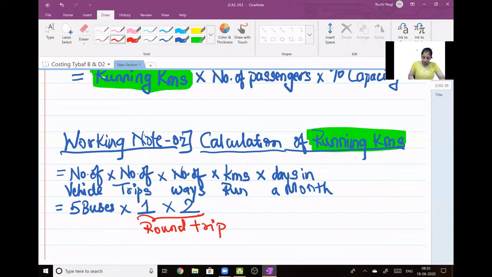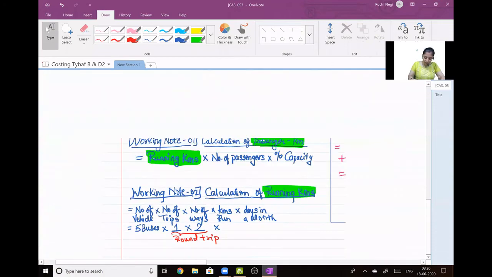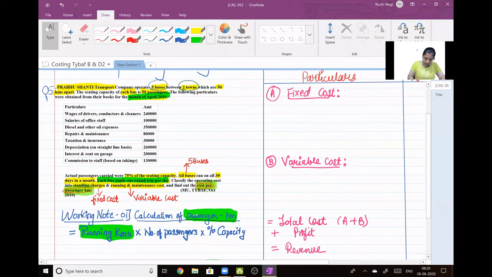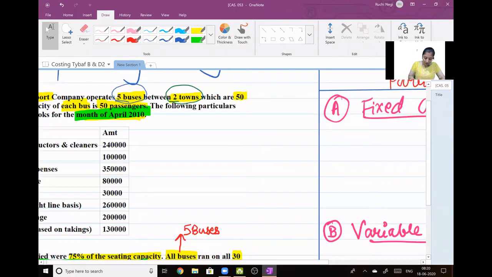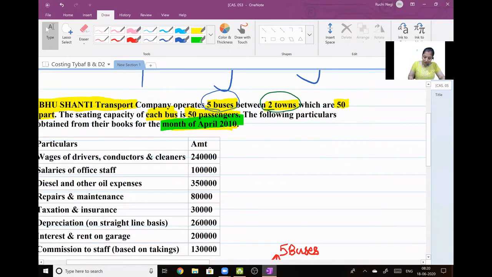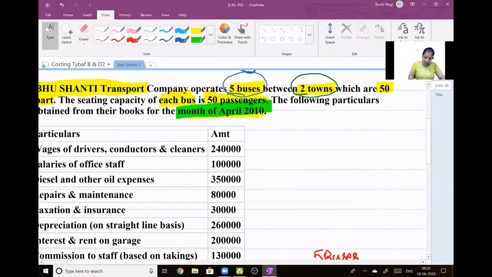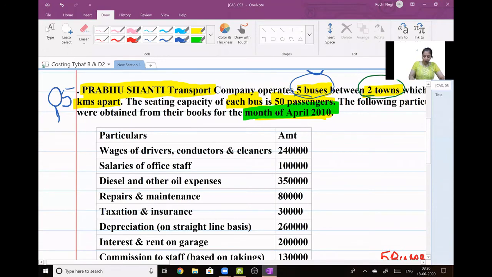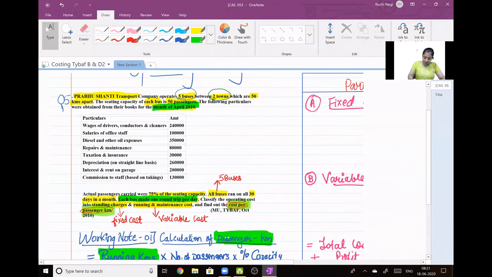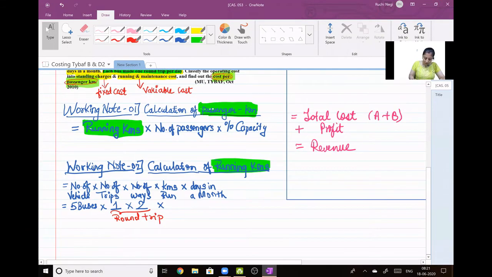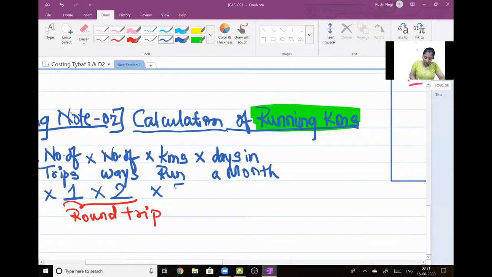Next, into kilometers run. Now let us see what the kilometers run are in the question. See the first line: the 5 buses between two towns which are 50 kilometers apart. So kilometers run is 50, so let us write 50 here.